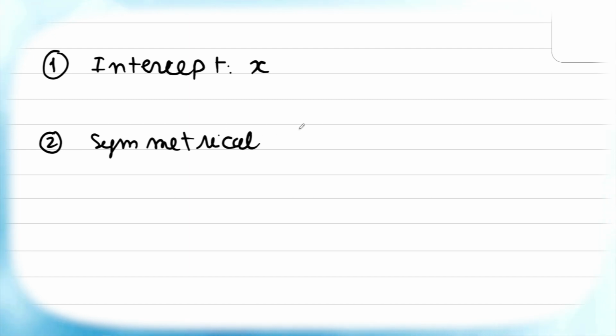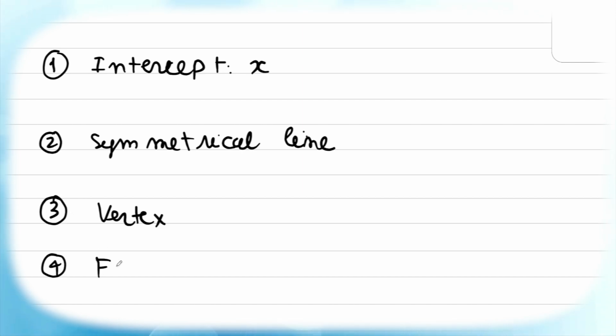After figuring out the x-intercept, we can figure out the symmetrical line. Then when I have the symmetrical line, I can figure out the coordinates of the vertex. And after that, we can figure out the form of this one. So it's a little bit different from the other forms of graphing a parabola. This order only applies for factorizing.